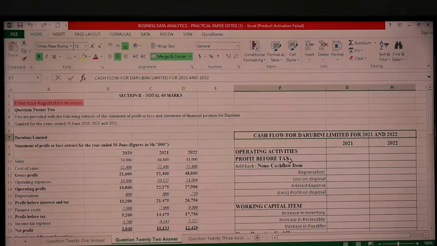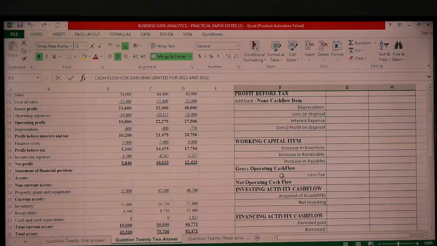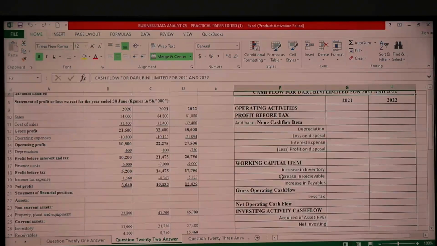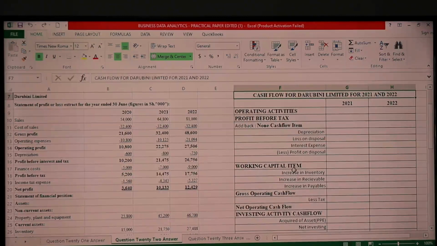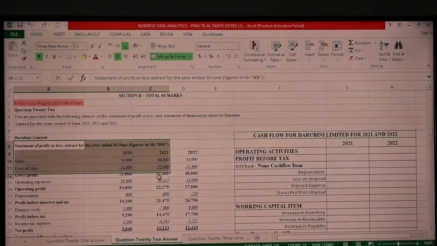We need the operating activities, we need the working capital items, we need the investing activities and financing activities. From each of these, you're supposed to extract that data from the worksheet provided by the examiner. So this you're supposed to formulate.